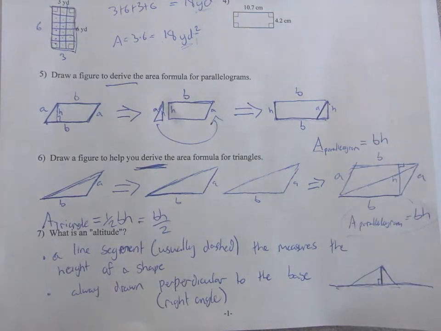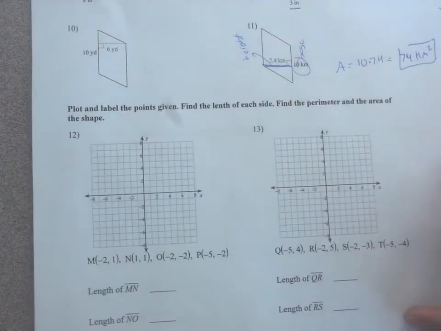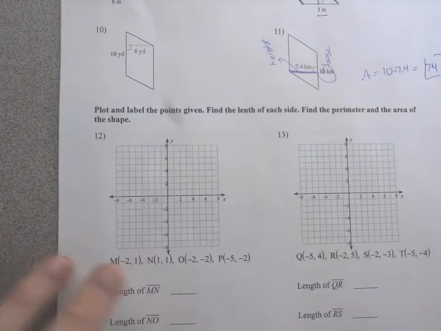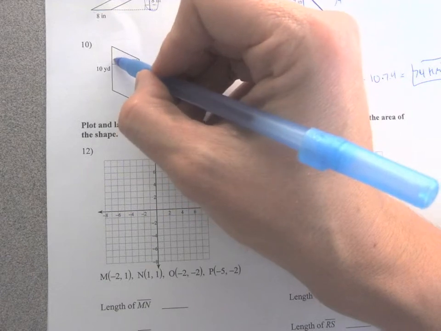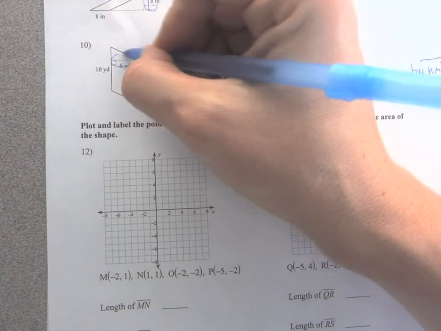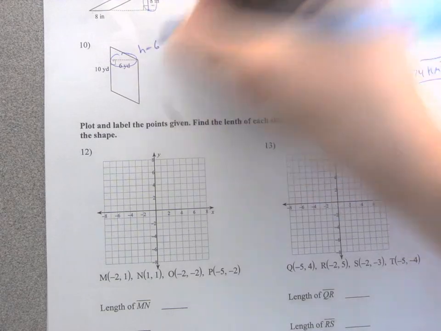Now the tricky part is the base isn't always on the bottom. So let's go back and look at one of our parallelograms. When you're trying to find area, always start with the right angle. Look for the right angle. There it is. So here's our altitude, and that is measuring the height. Height equals 6.